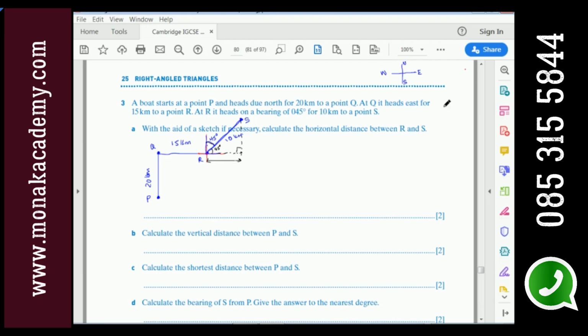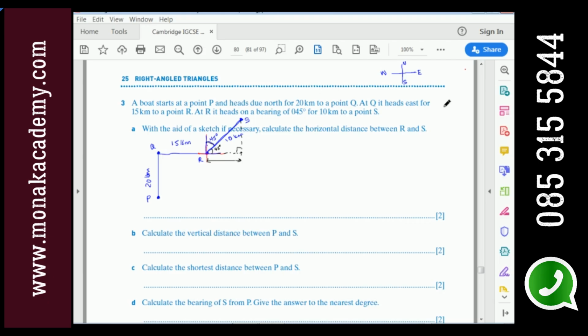Okay? Is it possible to get it? What do we have? We have 10 kilometers. Which is adjacent, hypotenuse or opposite? Hypotenuse. Right? I hope you are watching what we are doing, and then I'll give you enough time to write.